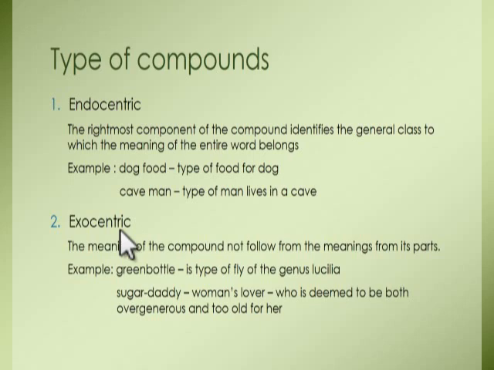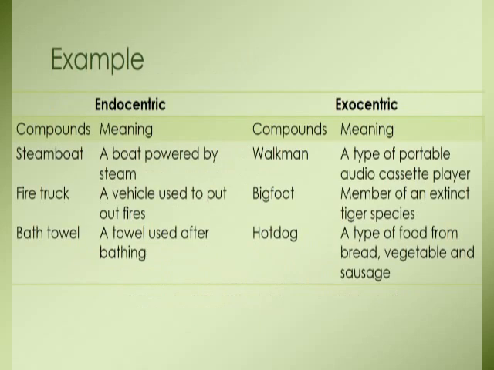It deals with meaning. Okay, this is the example. For endocentric, compounds like steamboat: a boat powered by steam. Then fire truck, a vehicle used to put out fires; the vehicle here is the truck.